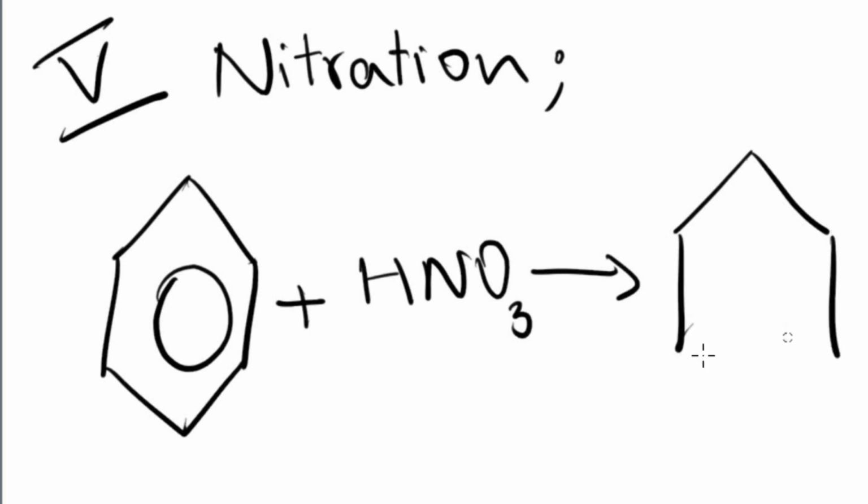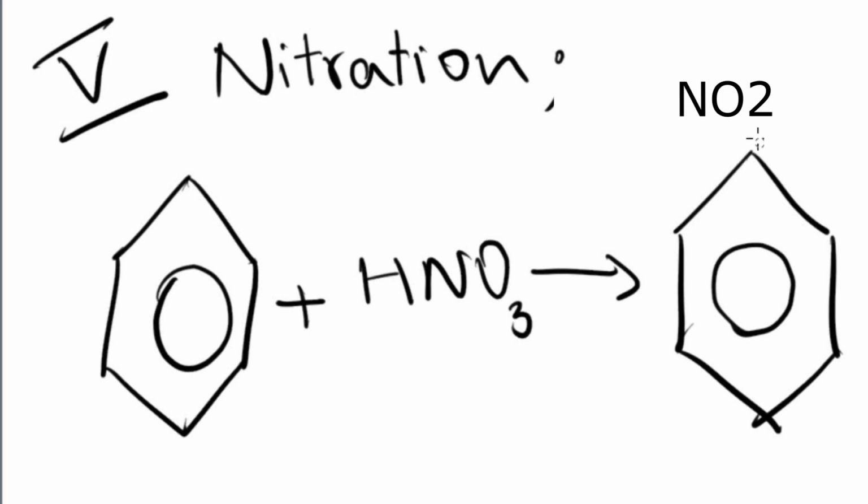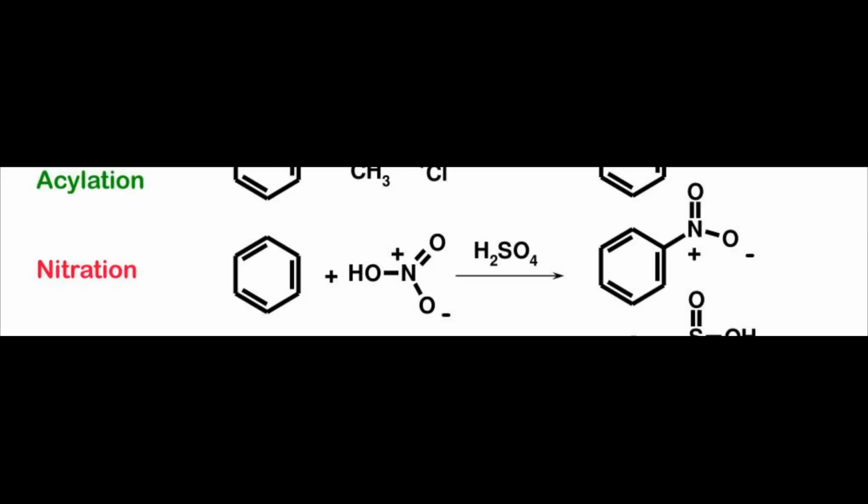And once that happens, you're going to release water, because you have one hydrogen from nitric acid, one oxygen from the same acid, and then one hydrogen already from the spot where the NO2 fits into. And this is what the reaction looks like.